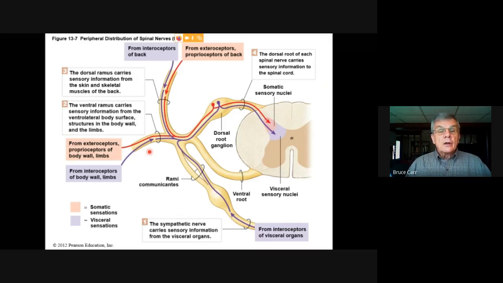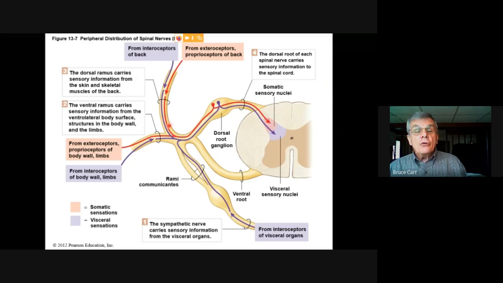So red is showing input from somatic systems, mostly muscles, and as you would expect, those that are coming from nerves from the posterior side, curving around at that near 90-degree angle into the dorsal root ganglion, those are from exteroceptors on the back. They grade into the exteroceptors, the sensors in the body wall and limbs. From the lateral aspect, those are shown right here. So these are the somatic pathways.